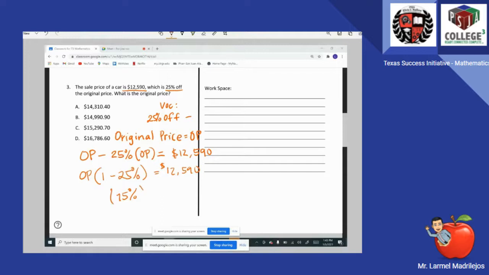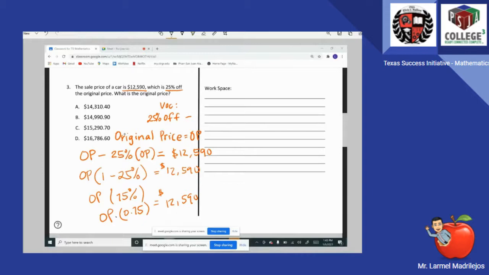That's times the OP. Let me convert this to decimal. 0.75 OP equals 12,590. Now, if I'm going to solve for the OP, the original price, this is multiplying, so I need to take the opposite of multiplying, which is dividing.